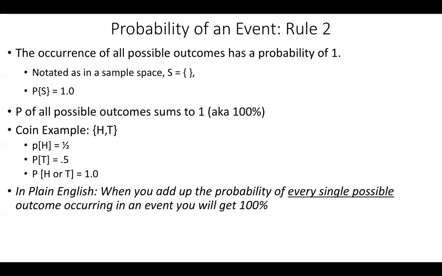And in plain English, when you add up the probability of every single possible outcome occurring in a given event, it will all add up to 100%. So when you have a coin toss and your possible outcomes are heads or tails, the probability that you're going to get one of those 2 outcomes is going to be 100%. The probability of every single possible outcome occurring added up will get you to 100%.